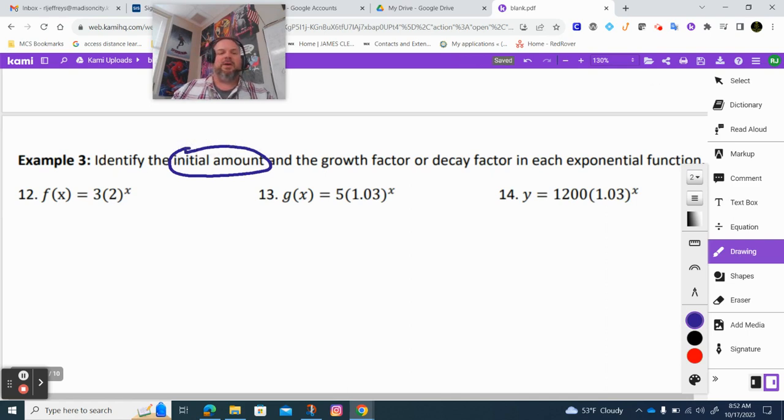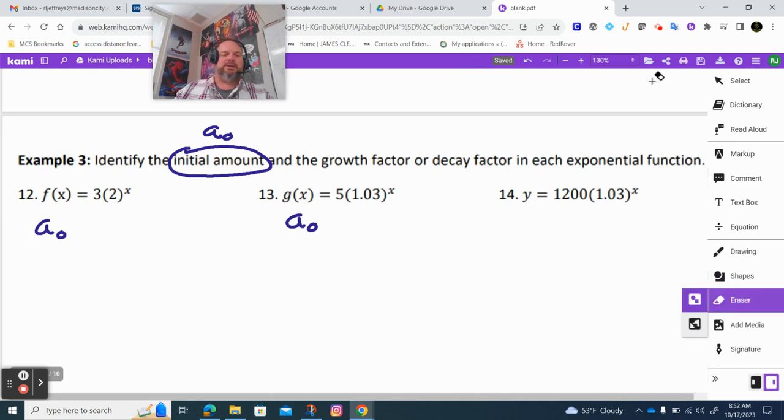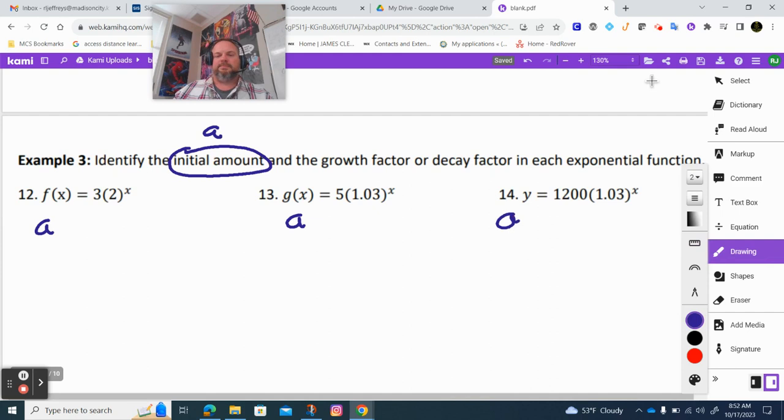And we're all going to do them as a. So for number 12, what is our a for number 12? 3. Okay. And for number 13, 5.